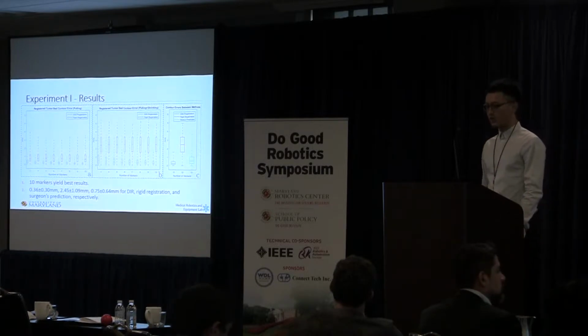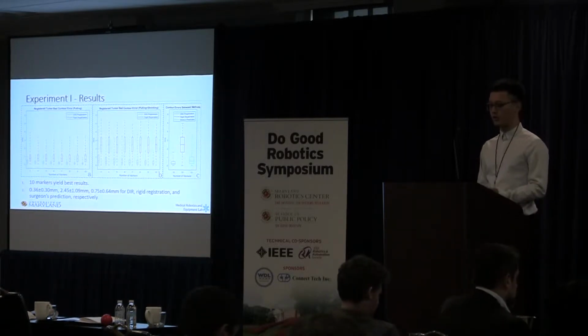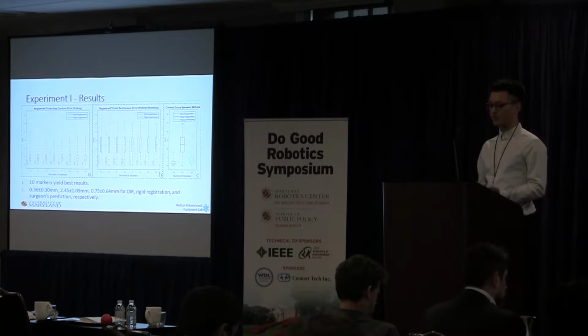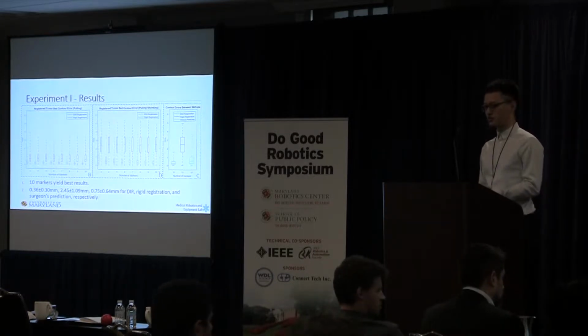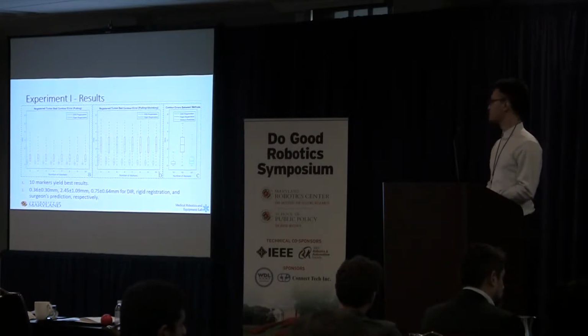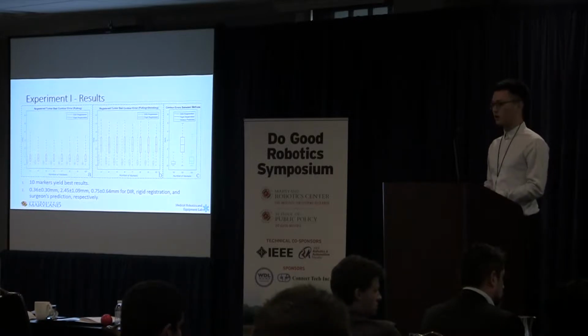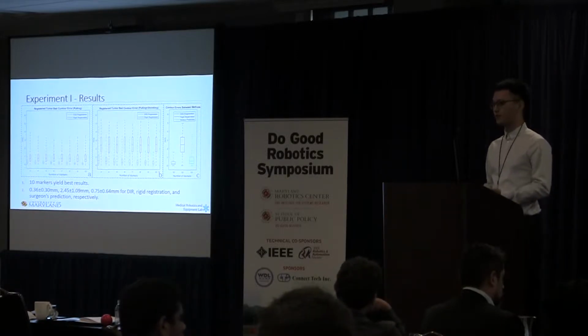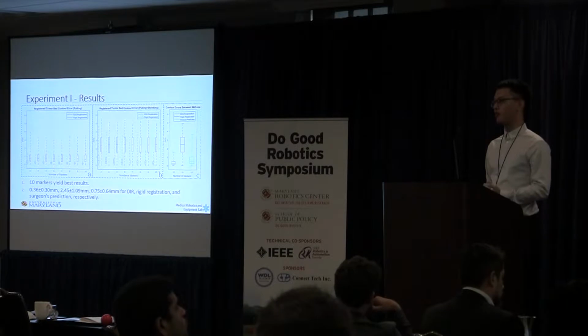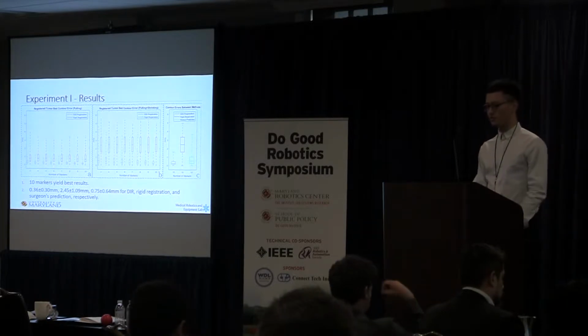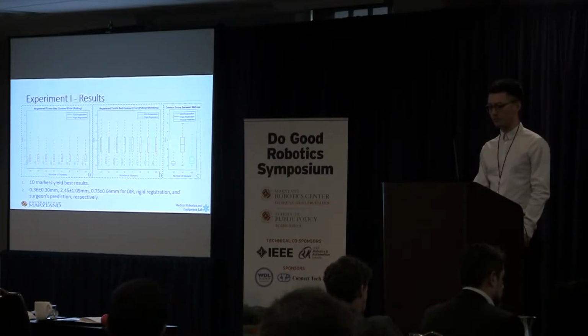While using 10 markers, we also compare the error results from the deformable and rigid registration and also the surgeon's prediction. As you can see, our proposed deformable image registration method even outperforms the experienced surgeon's manual prediction.